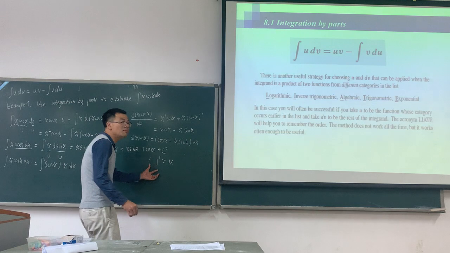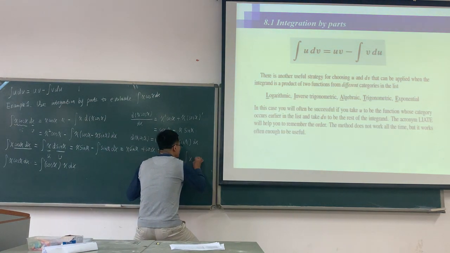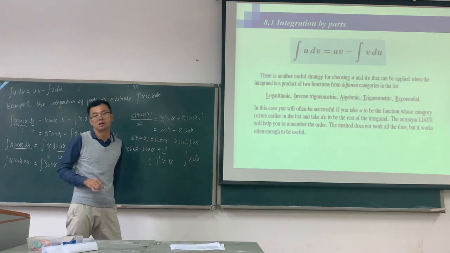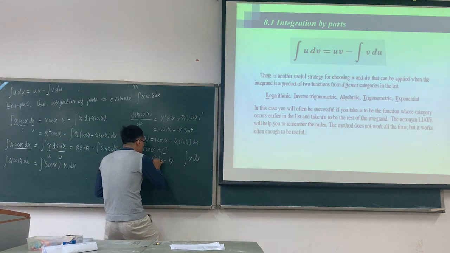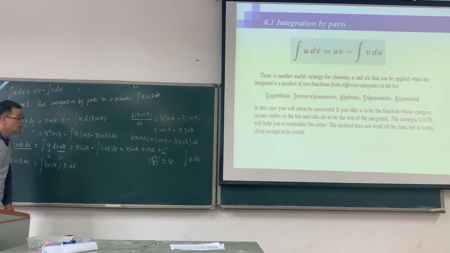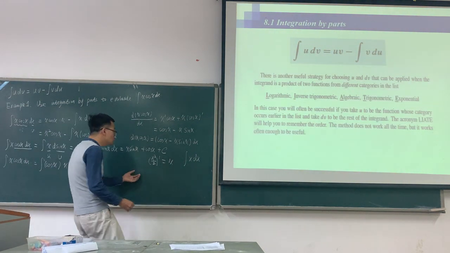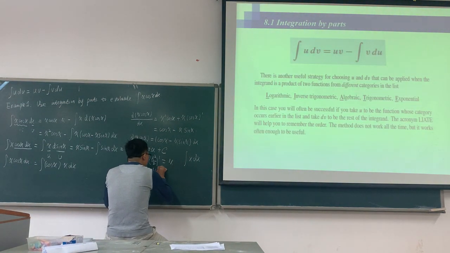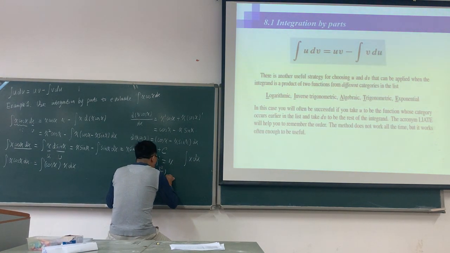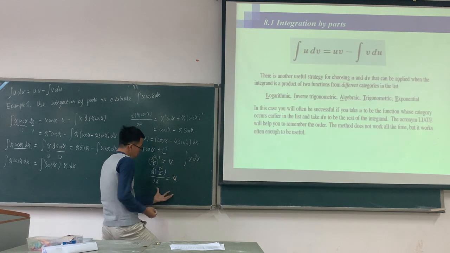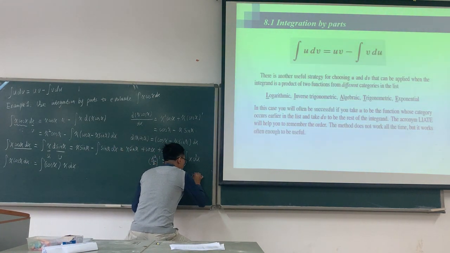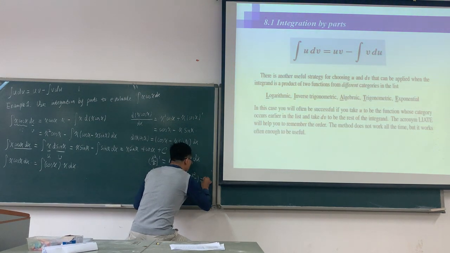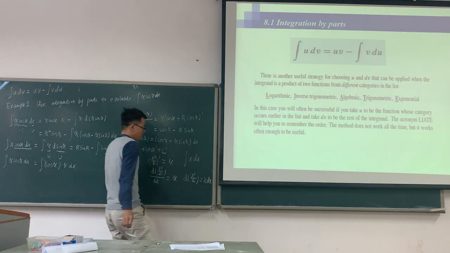The antiderivative of x is x squared by 2. So here d(x squared by 2) equals x dx.